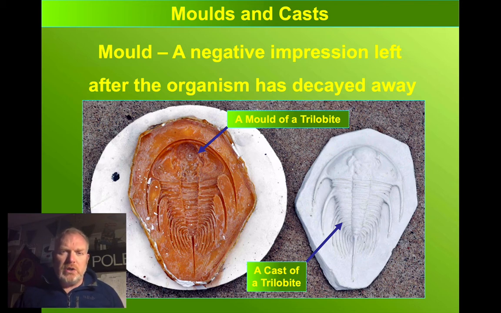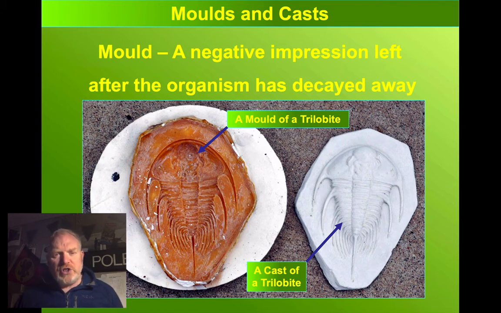So a mould is a negative impression left after an organism has decayed away. So we have a feature that can be fossilized, say a shell that's buried in the mud, buried within the rock, and it leaves an imprint in the mud. If that shell then dissolves away, it'll leave behind this negative impression.